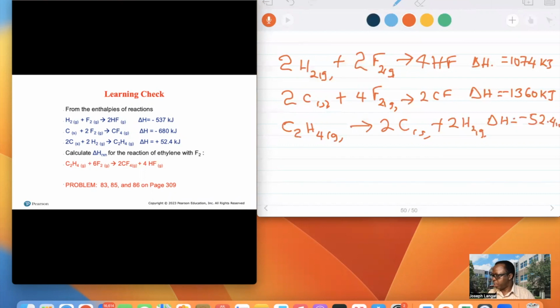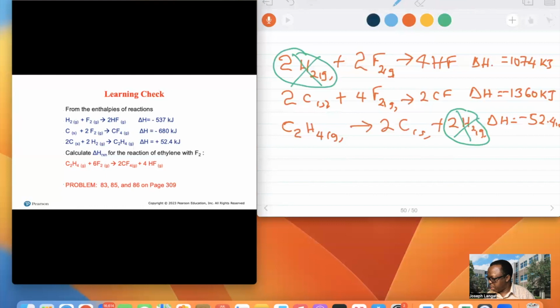All right. So now you have to cancel out, just the way we cancel the spectator ions in a net ionic equation. What is common on either side of the reaction arrow? If I look at the hydrogen here, it is the same as hydrogen in equation 1, so this will go away.